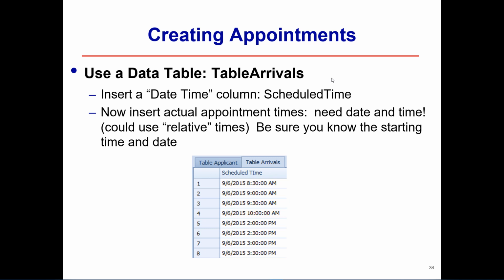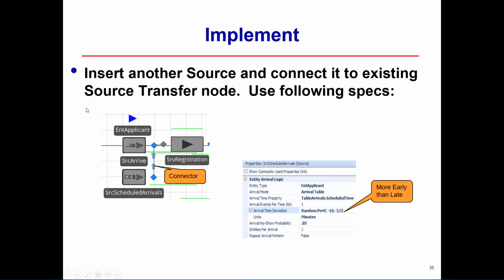Then we insert the appointment time for the arrival. And then we show you how to implement it on the model, adding an additional source for scheduled arrival on top of the original inter-arrival time.